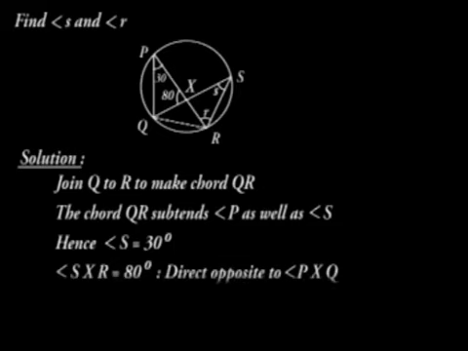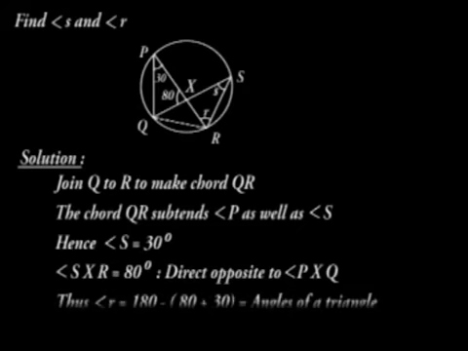Angle SXR is 80 degrees from the direct opposite to angle PXQ. Thus, angle R is equal to 180 minus (80 plus 30), which are the angles of a triangle, and R is 70 degrees.